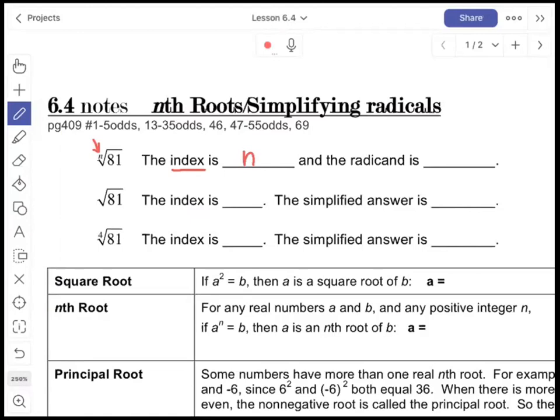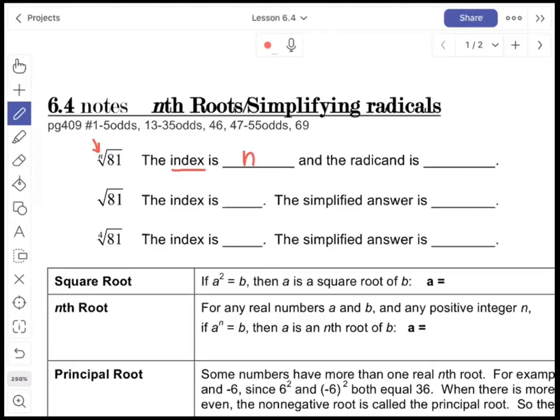What is the radicand? Did we forget? Good, I got one. Good guess. No on that one. All right, I think we might have forgotten. It's okay. The radicand is what is inside the radical sign. So what's in the house.